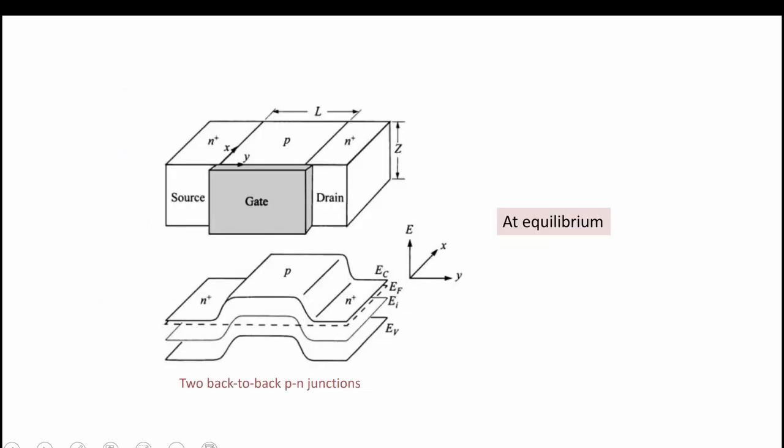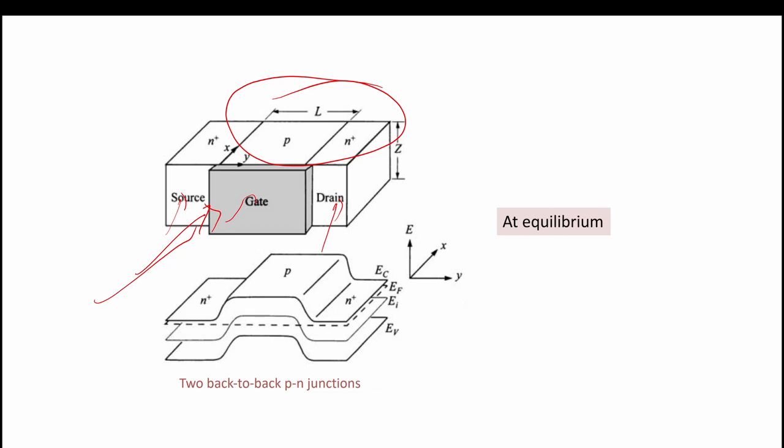Okay, so this is the front view. This is, we can say, the top view of our MOSFET. Top view, this is the gate, this is the source, this is the drain, and this is the P type substrate.